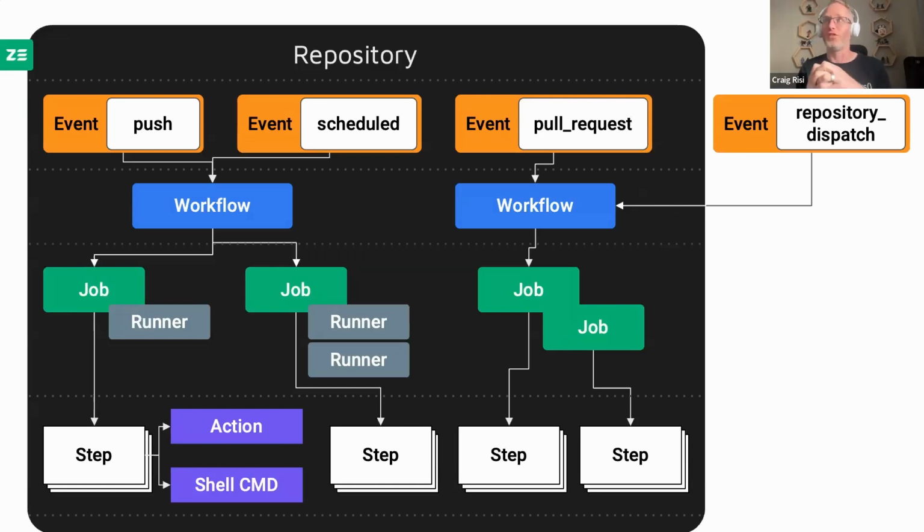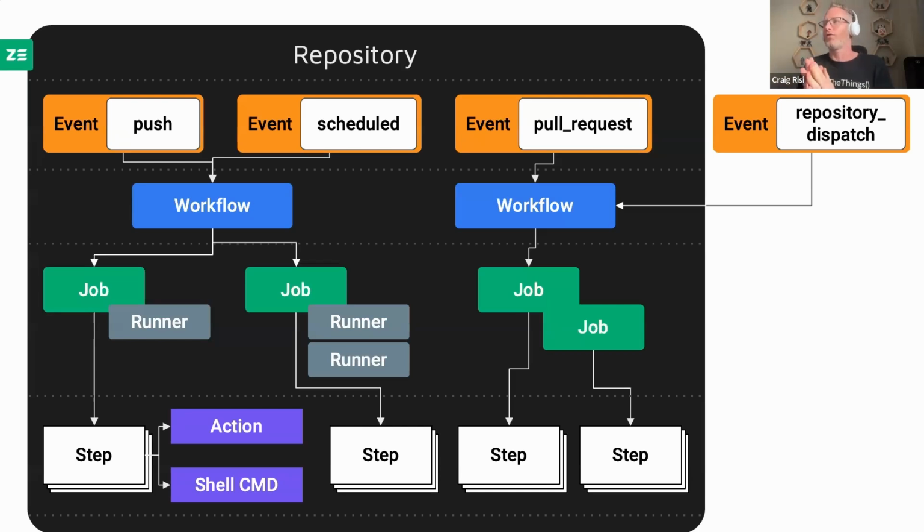A job is essentially a particular action that needs to happen, and then that job can have a runner associated. That runner is essentially executing that job, so it takes that job and executes it against your machine. And then jobs can have multiple steps, and that can be an action or a shell script or whatever it wants to be.